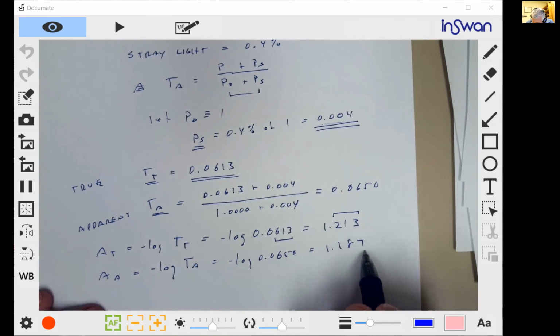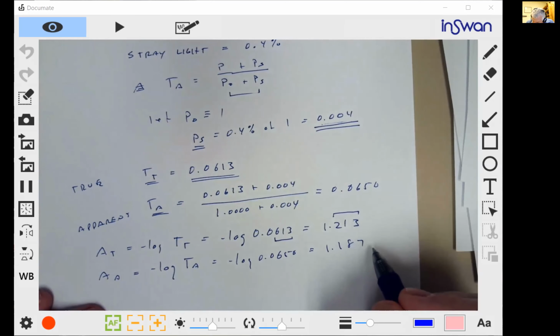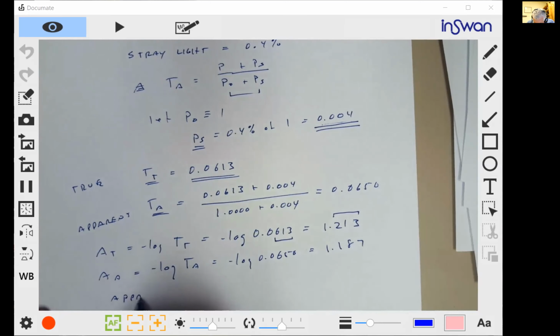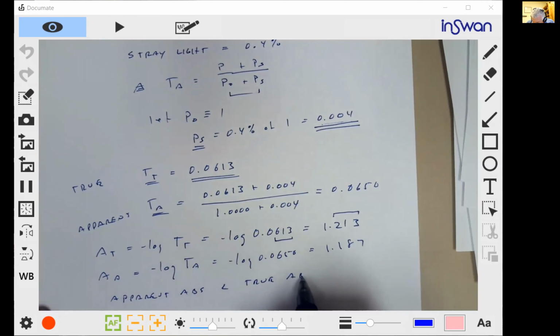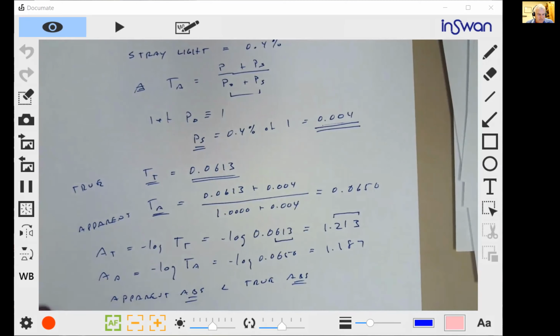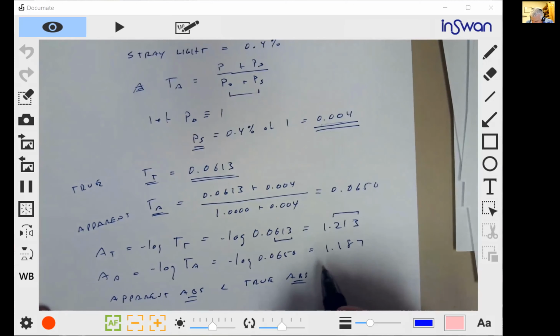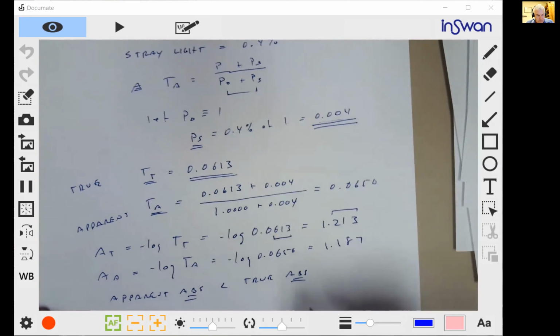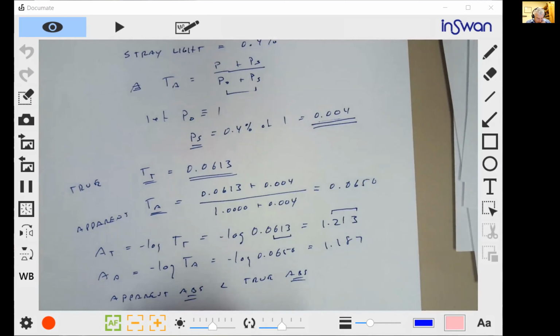Again, 3 and 3 there. Now, the apparent is less than the true. That's one of the truisms here. This means that the apparent absorbance has a negative deviation from Beer's law. Okay.